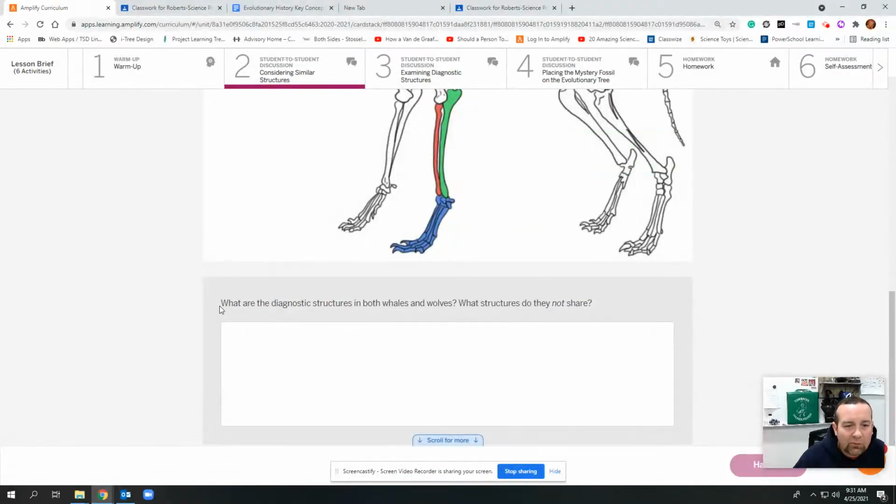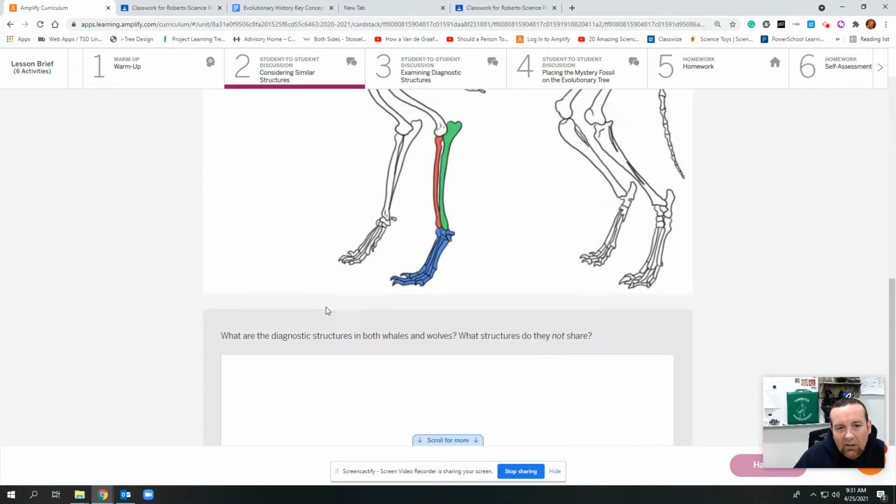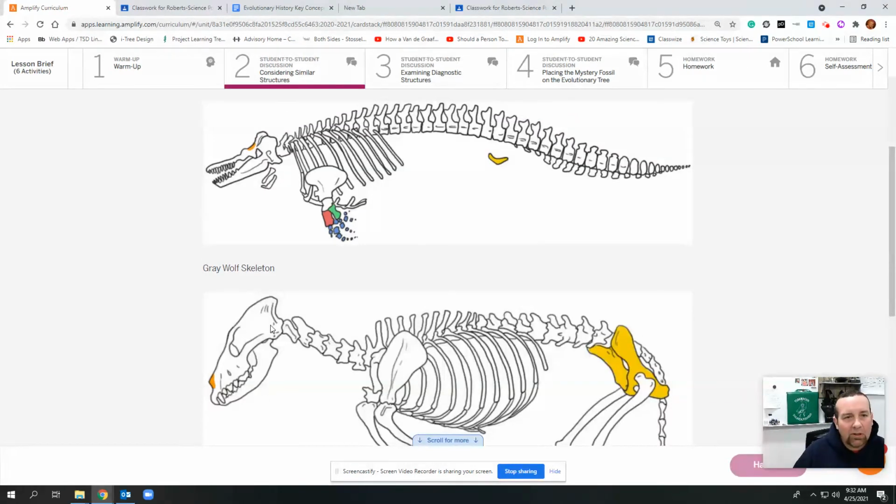And what we want to do is find those diagnostic structures in both the wolf and the whale. What structures do they not share? So diagnostic structures, we're finding similarities and differences within the structures that would help us indicate what type of organism this is and how they're related.